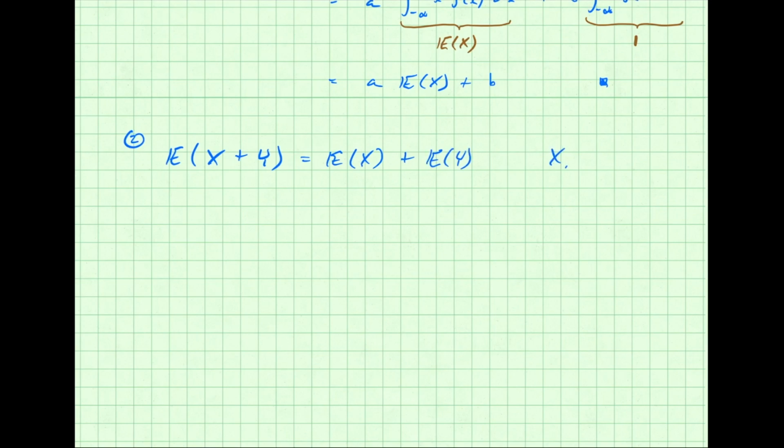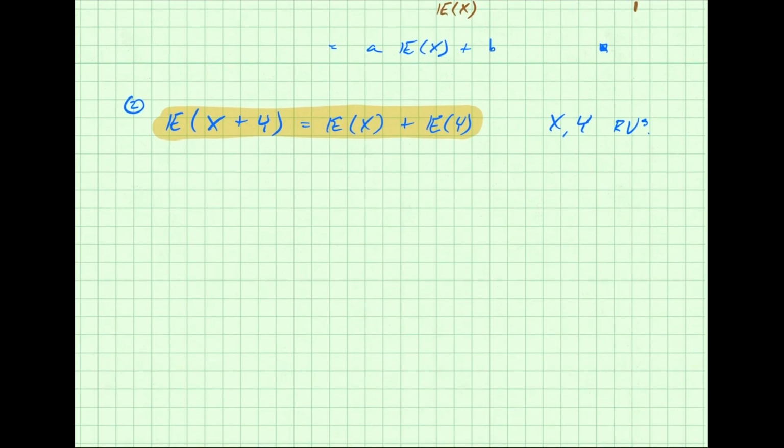So here x and y are random variables. Right? So that's the second property that I would like to declare. This one I'm not going to prove. You prove this in a problem set in week 10.